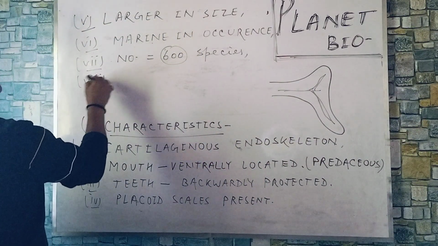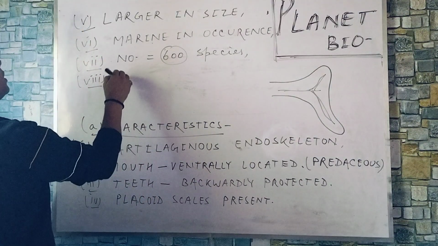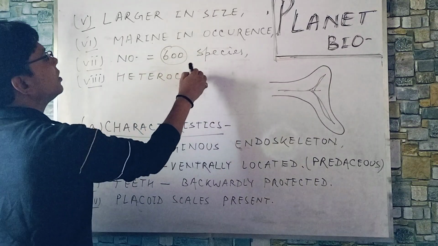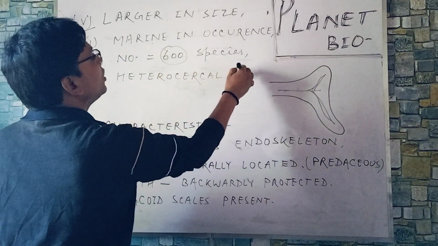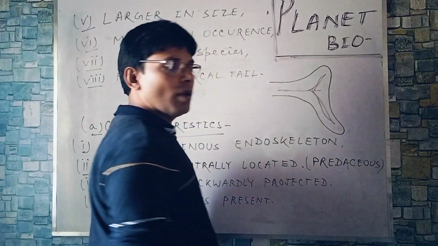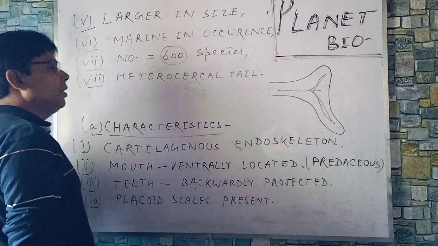So this is how you can identify these animals. Heterocercal tail means the caudal part is divided into two unequal halves, two caudal lobes.